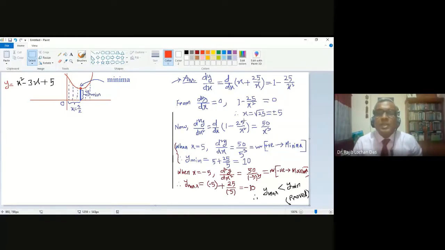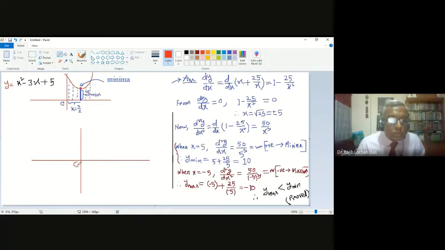So what is happening here? In this case, the graph is separated into two parts. Let me just show it to you.